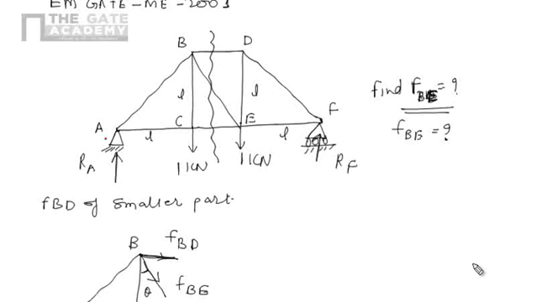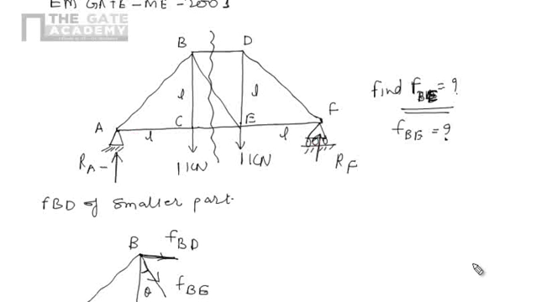By seeing the structure, we can easily see that this truss is symmetrically loaded, so the reaction will be shared equally. The total load here is 1 and 1, that is 2 kilonewton, so the load will be equally shared by both supports, because both supports are at the same distance L from each load.